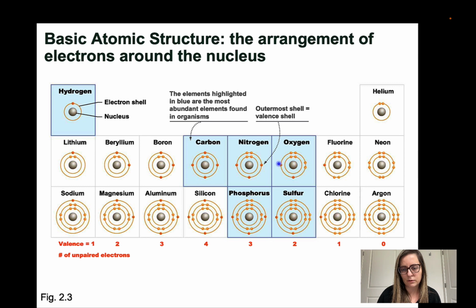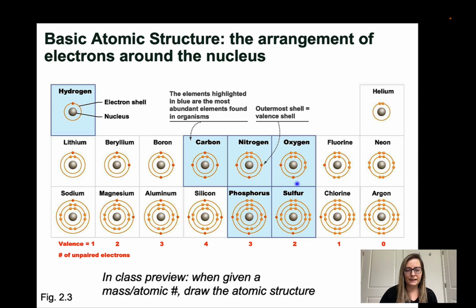They're unpaired in their orbitals. And so these can participate in chemical bonding. So often we call those that can participate in chemical bonding its valence. And so here we have 2 unpaired electrons, so we can have 2 chemical bonds.